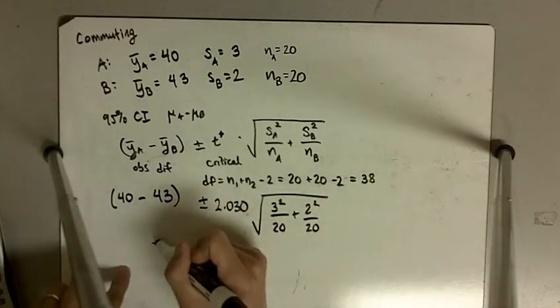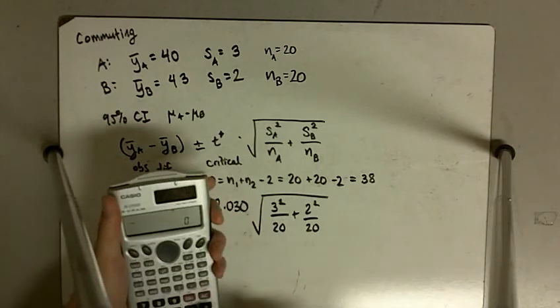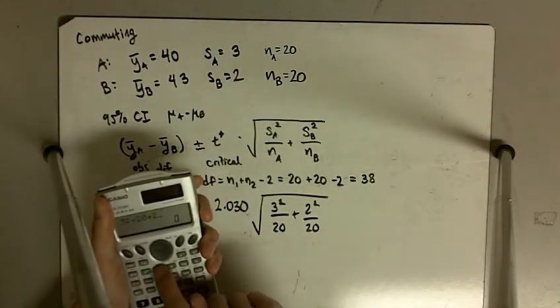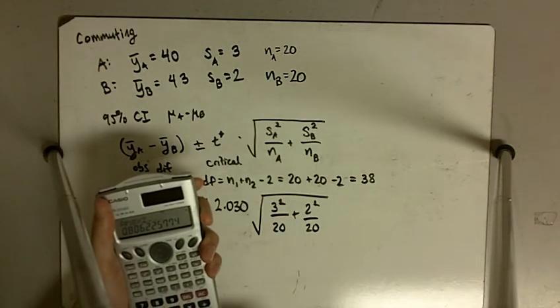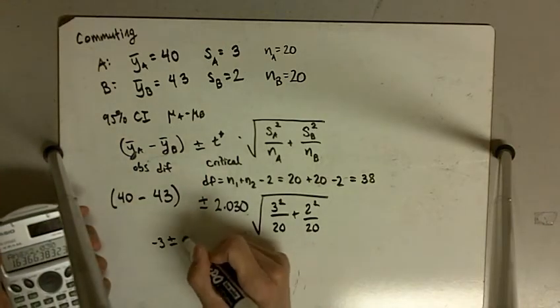So I have negative 3 plus or minus the square root of that times 2.030.